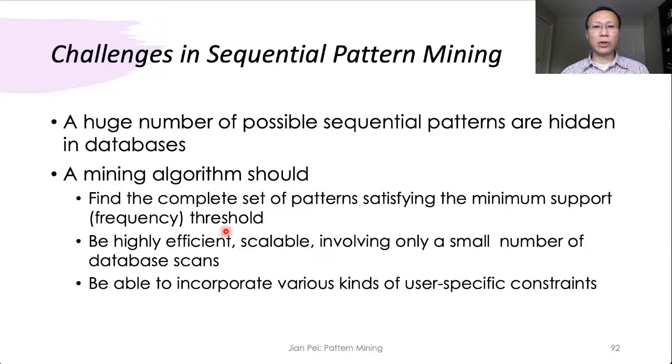And also, we want the algorithm to be highly scalable, efficient, and hopefully involve only a small number of database scans, because a database can be large, and if the mining algorithm needs too many scans, it may not be practical to use. And also, we want to incorporate various kinds of user-specific constraints so that the search can be more focused.